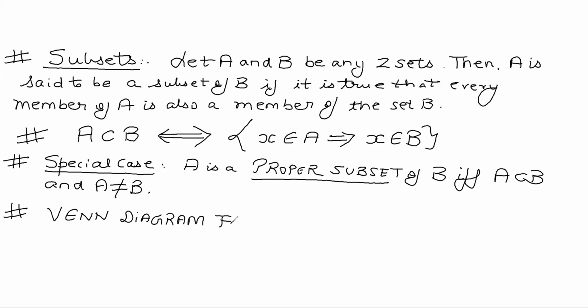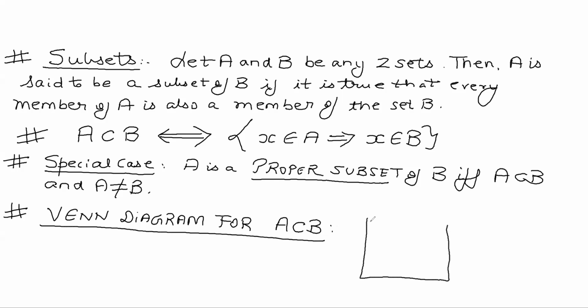Venn diagram for A being a subset of B. This is my universal set. The universal set consists of all possible elements.